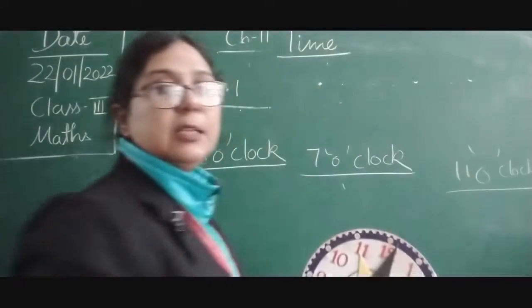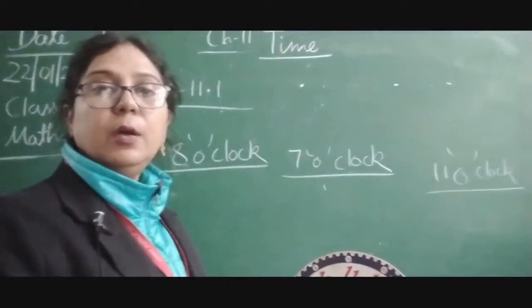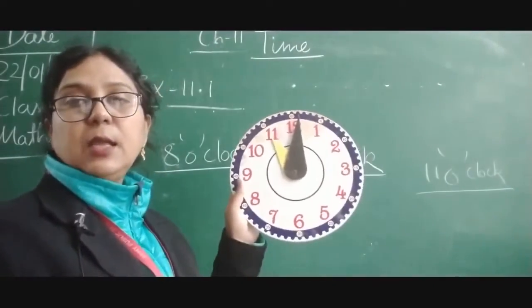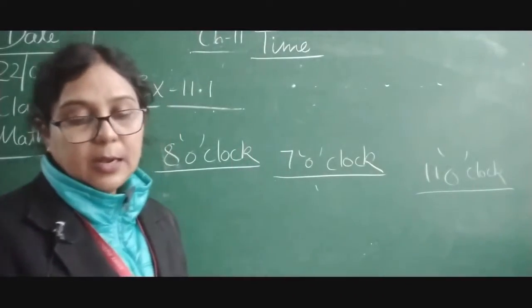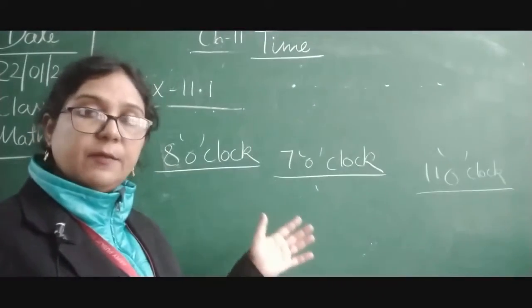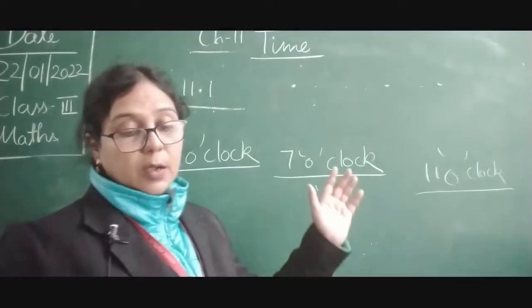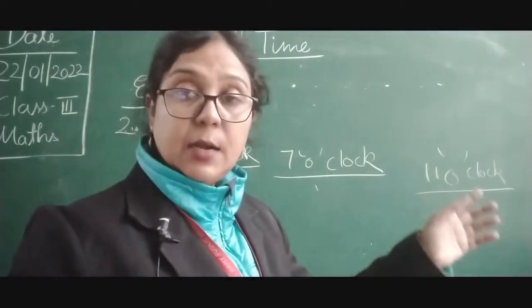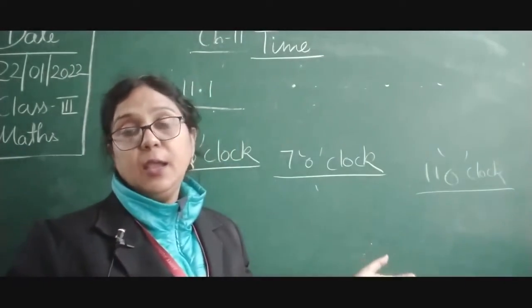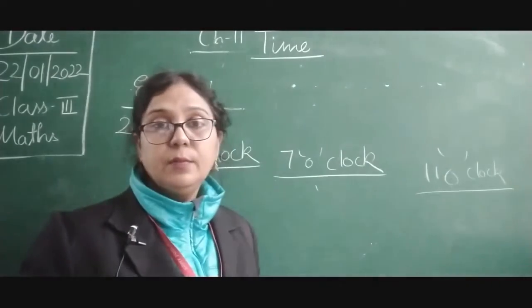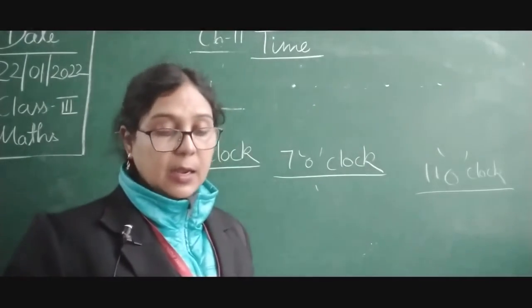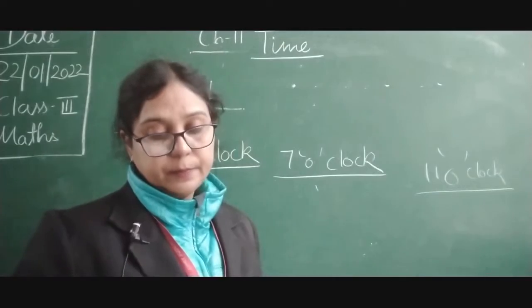So children, that is how we can draw the 3 hands, and it is also showing that 1 hour earlier it is 7 o'clock, and 4 hours later, यानी 4 घंटे के बाद क्या है, that is 11 o'clock. So children, draw this and complete this.